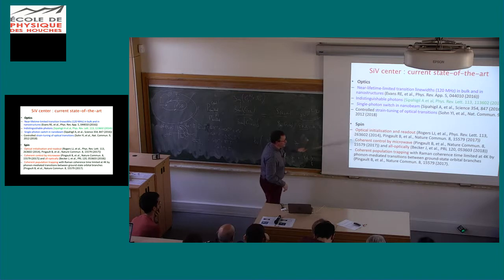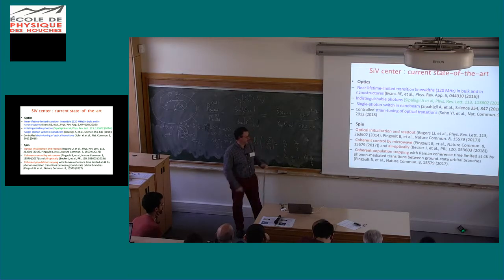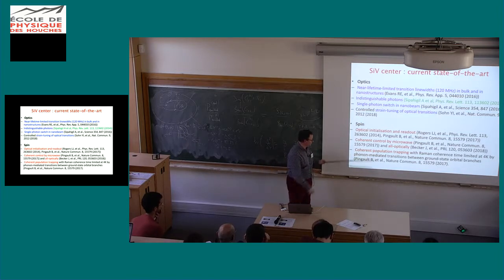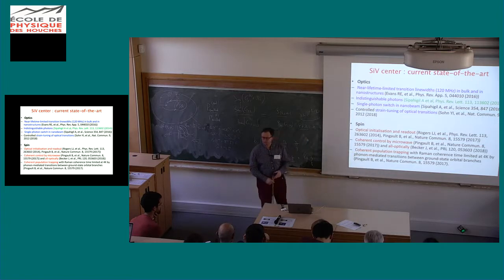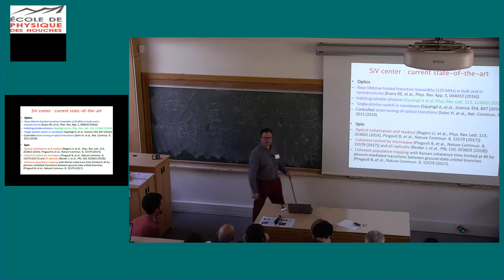And also on the spin, now if we add the spin degree of freedom, people were able to optically initialize a spin and to have an optical readout of the spin state, to have a coherent control of the spin by either microwave in the ground state like magnetic resonance, but also by all optical means, playing with these different levels by using a combination of optical beams, and also to realize coherent population trapping in a three-level configuration.